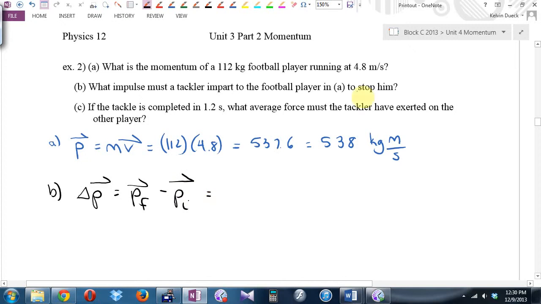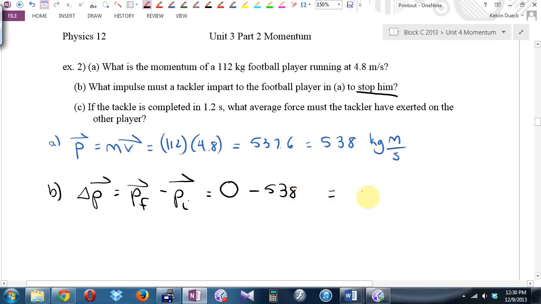Now, the fact that it says stop him, I know my final momentum is going to be 0, because that's the definition of stopped. What's the initial momentum? Before the tackle, how much momentum does this football player have? 538.